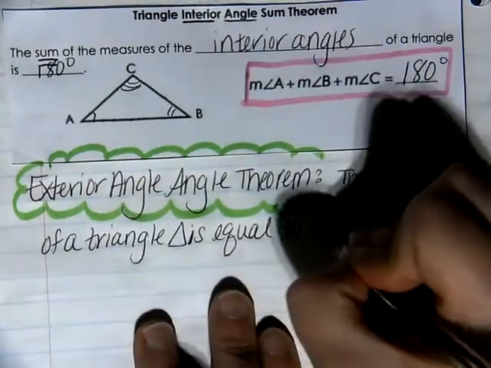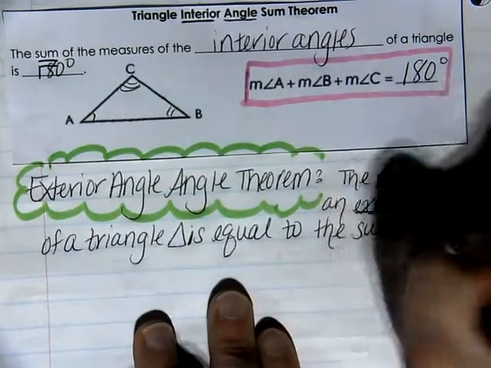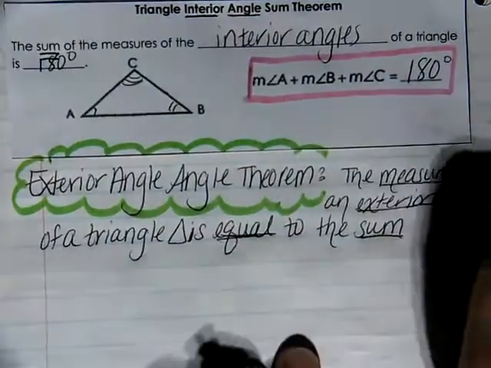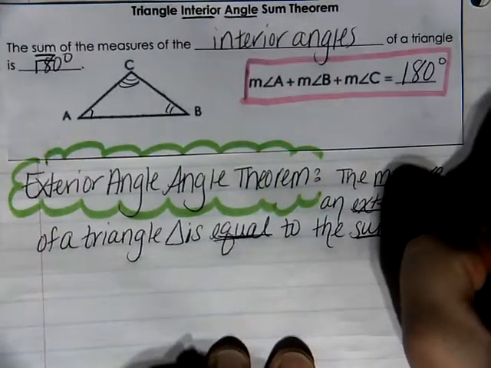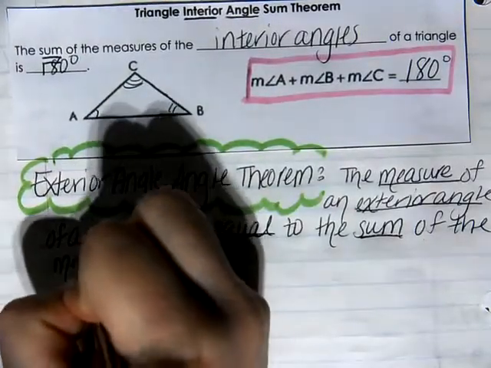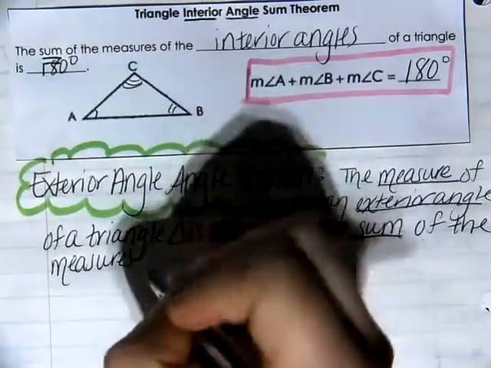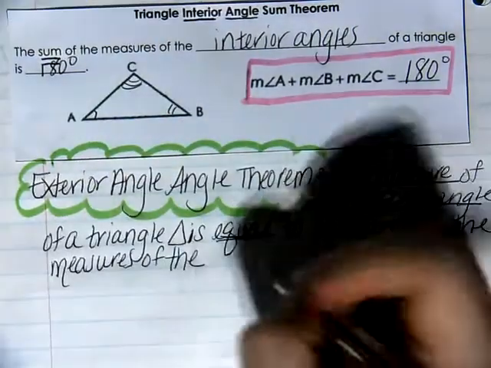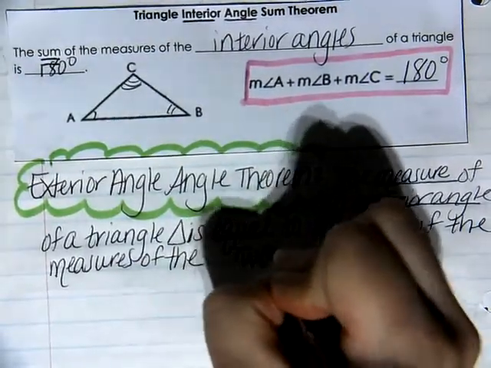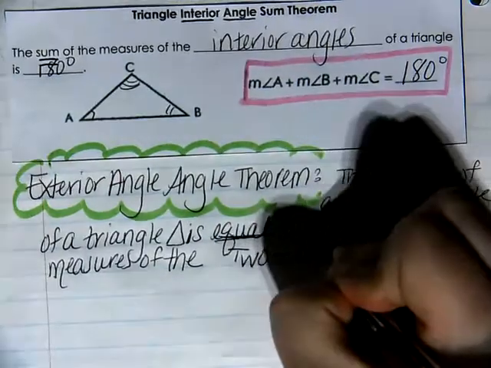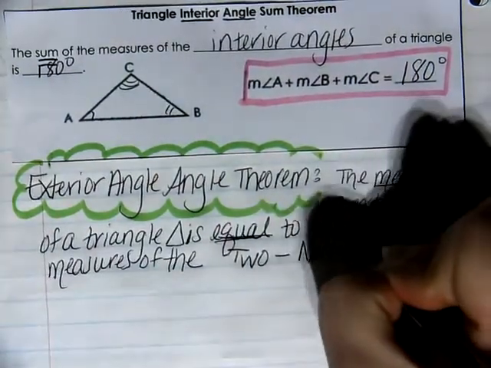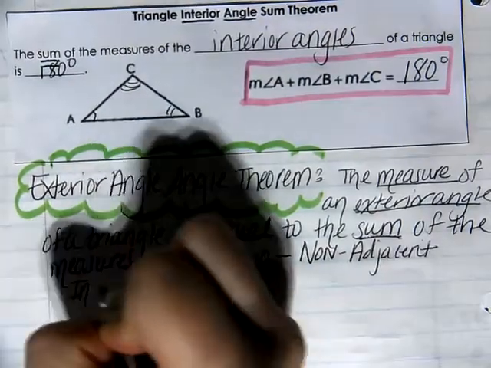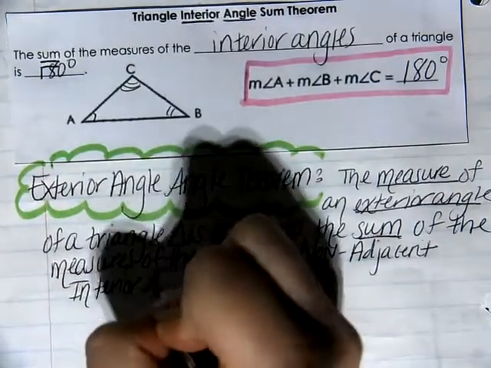the sum of the measures of the two non-adjacent interior angles.